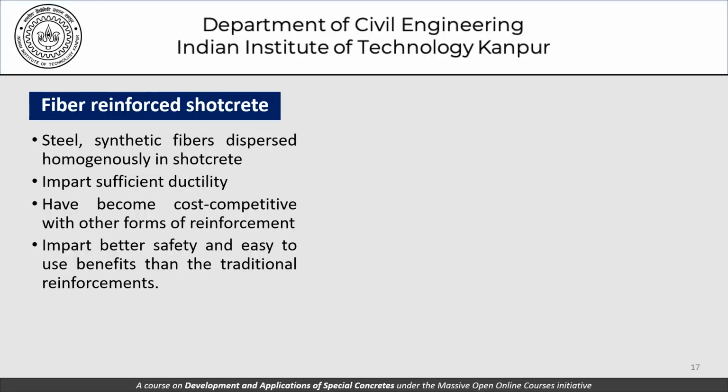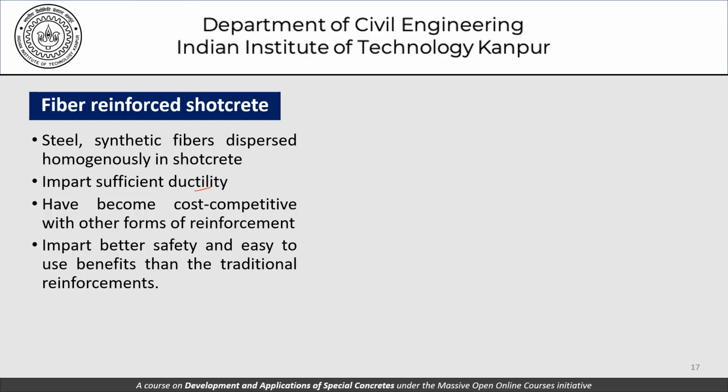As far as fiber reinforced shotcrete is concerned, yes, the steel, synthetic fibers dispersed homogeneously in shotcrete. We've talked about different types of fibers when we were talking about fiber reinforced concrete, and this is one application where fiber reinforced concrete can be used in repair works, for example. Impart sufficient ductility, that's the normal expectation from fiber reinforced concrete.